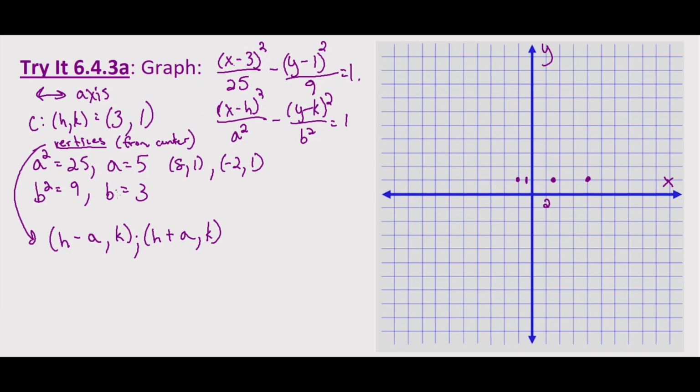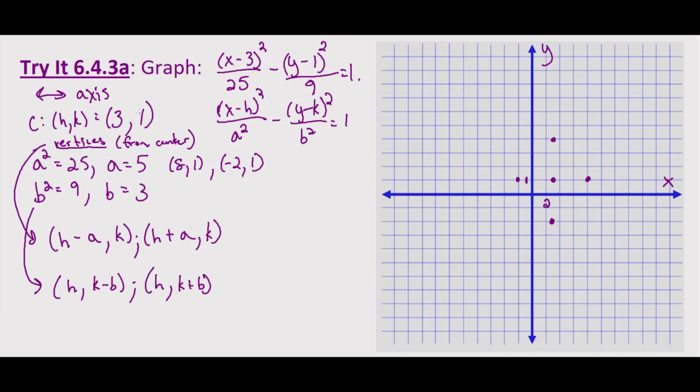With b, we're going up 3 and down 3. So 1, 2, 3. 1, 2, 3. And for b squared, that's going to put us at (h, k minus b) and (h, k plus b).